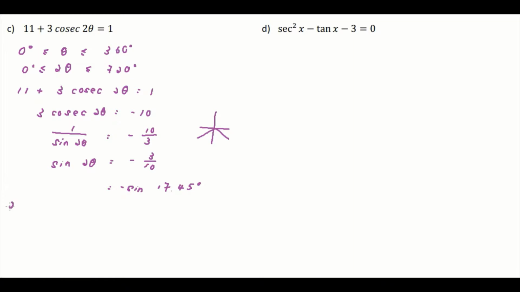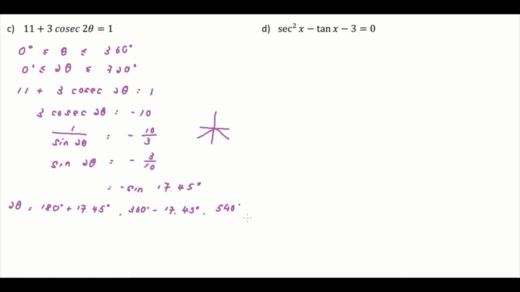So your 2 theta will be equals to the first one, the third quadrant one, so 180 plus 17.45, and you have the next one, 360 minus 17.45, and you also have the third round, meaning you have 540 plus 17.45.